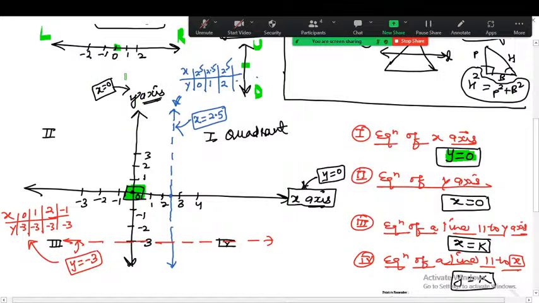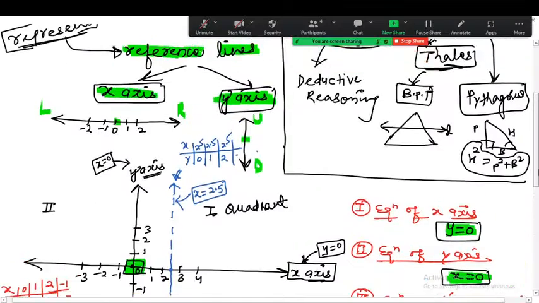Similarly, the y-axis has no movement towards left and right, so the equation of the y-axis as a line is x is equal to 0. Similarly, any line parallel to the y-axis is generalized as x is equal to k. If my line is parallel to the x-axis, it is generalized as y is equal to k.